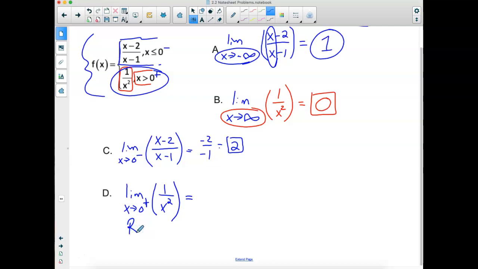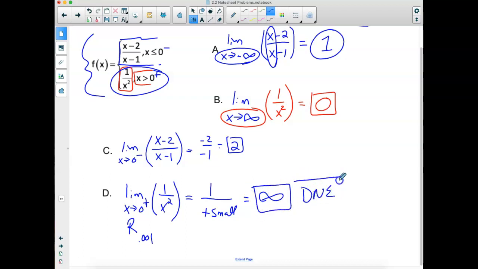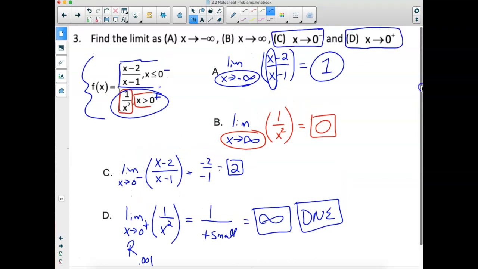If I put a very small number in there, maybe, I don't know, 0.001, what I'm going to get is 1 over, and then I got to square it no matter what. I get 1 over positive small. 1 over positive small gives me direction, infinity going up, which also means does not exist, okay? Well, why is it going up? There's an asymptote there, okay?